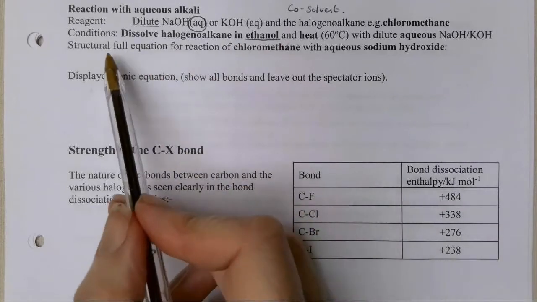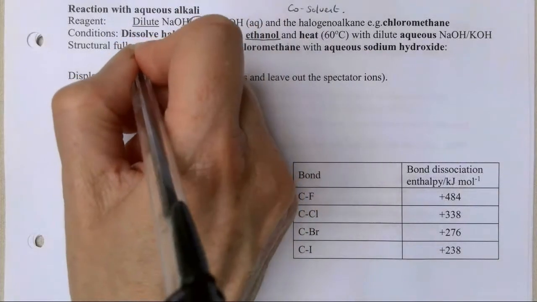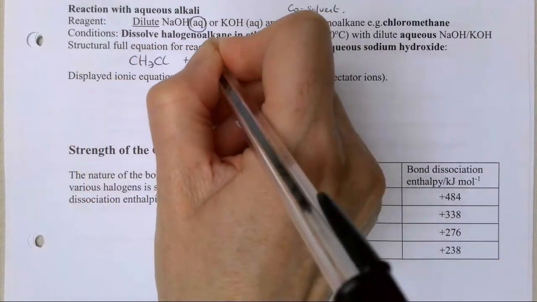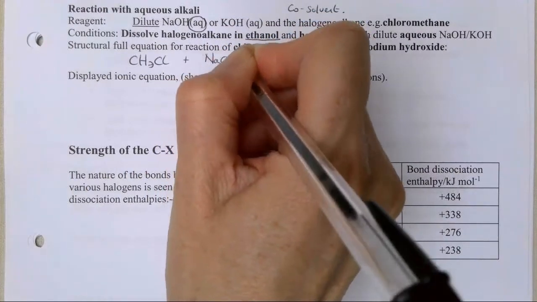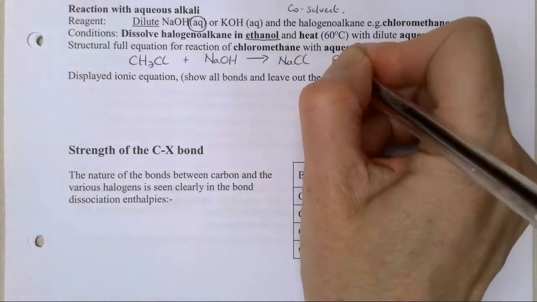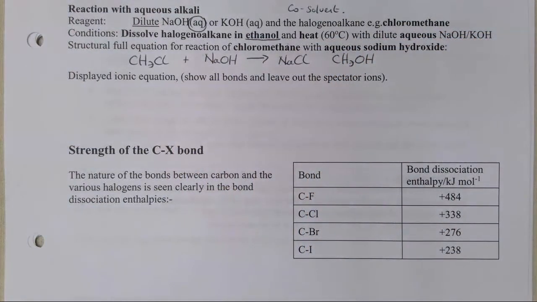Okay, so we're going to have just a look at this reaction. So we're going to use chloromethane, CH3Cl, and I add my sodium hydroxide, and I'm going to make sodium chloride, NaCl, and I'm going to replace the Cl with the OH group.